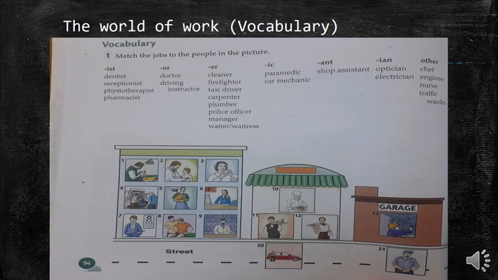A paramedic is a person trained to provide emergency medical treatment, usually outside the hospital. Then we have another word, which is optician. Optician is a person who makes these glasses. The lenses of your glasses are made by an optician. Many other words, if you don't know them, you can check them in your dictionary, as we said.